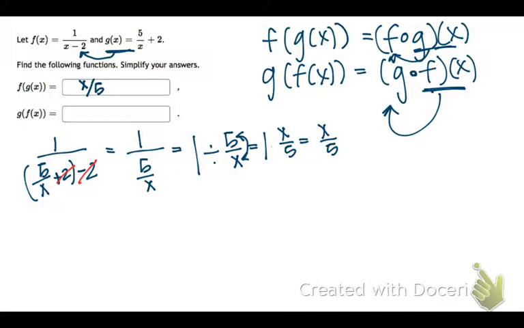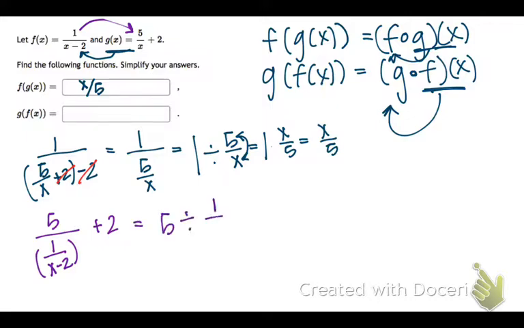Cool. Let's do it the opposite way. So now we're going to take this and plug it in over here. So this is going to be 5 over 1 over x minus 2 plus 2. Let's deal with this division part first. So this is the same as 5 divided by 1 over x minus 2 plus 2.